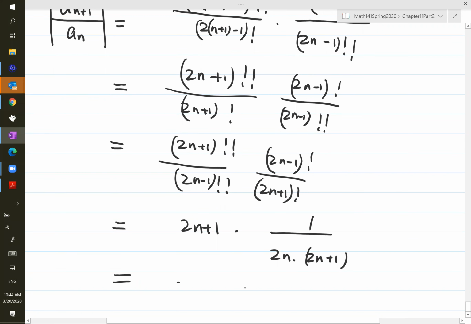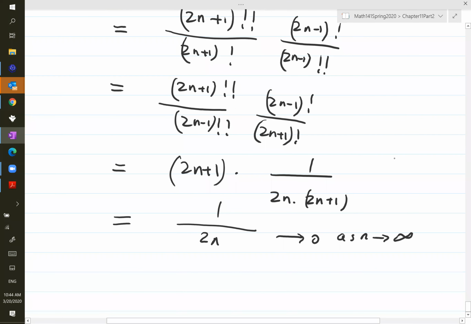Did I miss something? Yes, this is actually correct. So it's actually 1 over 2n, which approaches 0 as n approaches infinity. So by the ratio test, we can conclude that the given series converges.